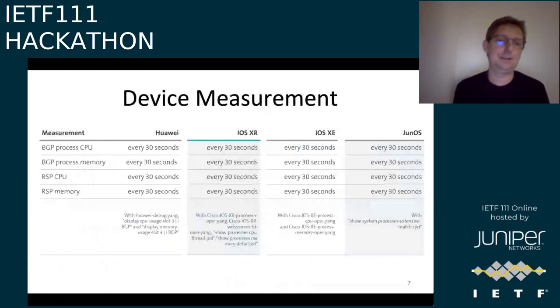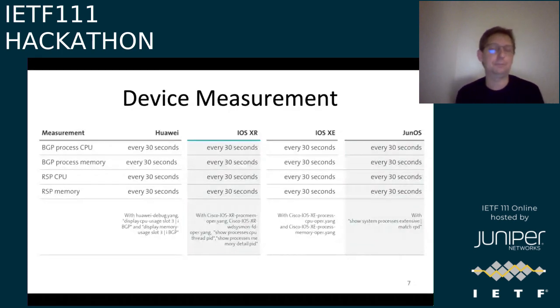Next slide, please. We were mostly using YANG Push, with different YANG models depending on which were available for the operating system. On some operating systems, it's not yet available to measure that at a process level, so we used CLI screen scraping to get the data. Next slide, please.